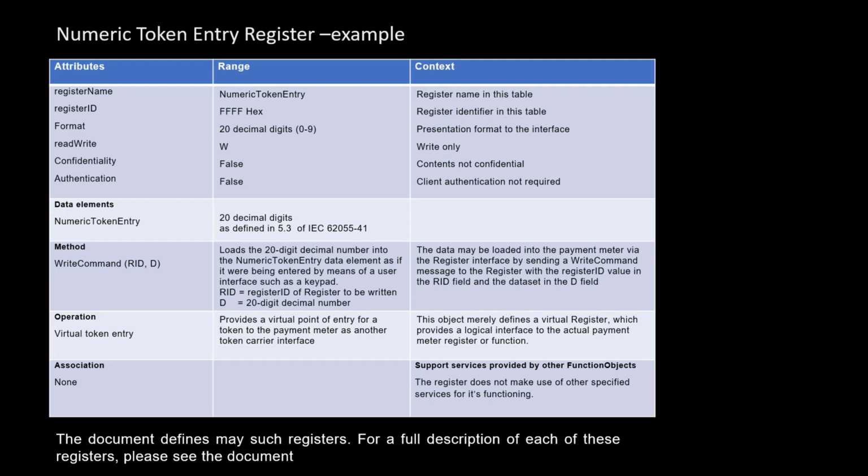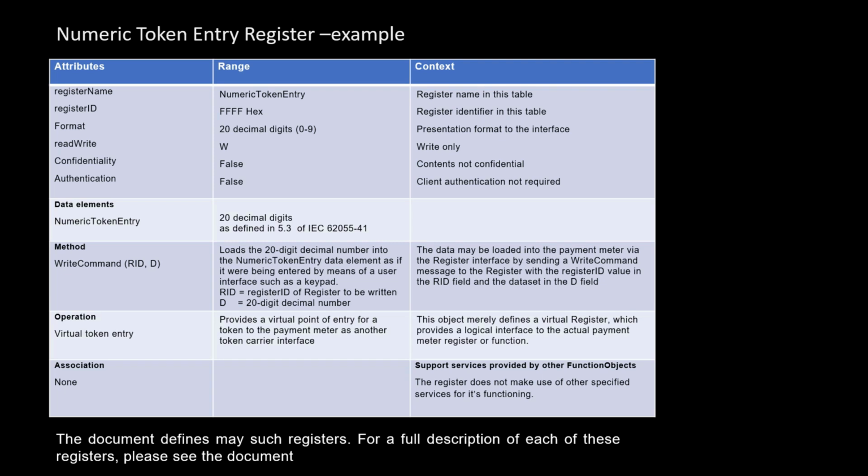If we look at the numeric token entry register, for example, the name is numeric token entry. Its register ID is FFFF. In fact, it's the very last register. The format is 20 decimal digits, 0 to 9. It's a write-only register. There is no confidentiality or authentication required. So it's 20 decimal digits going in as defined in 5.3 of IEC 62055-41.